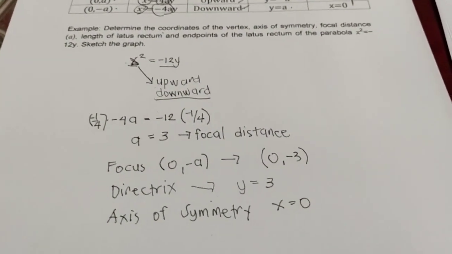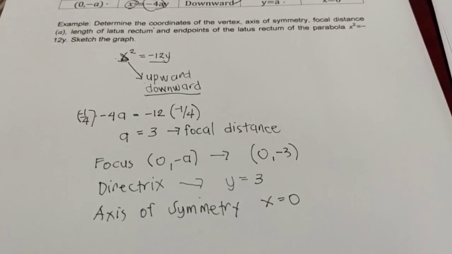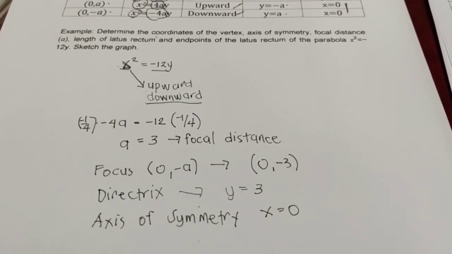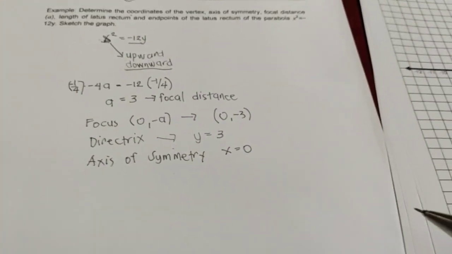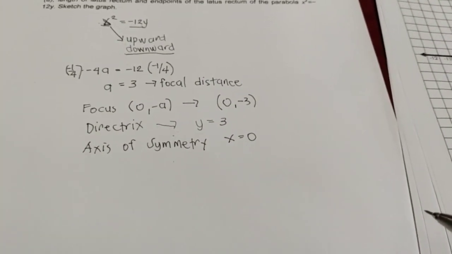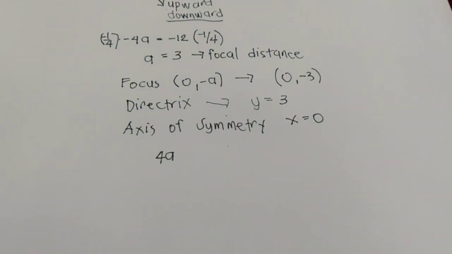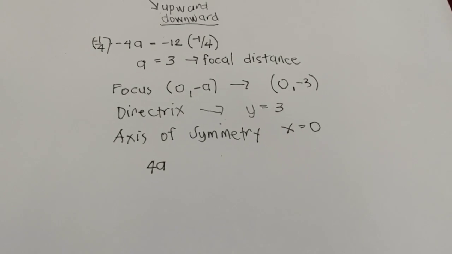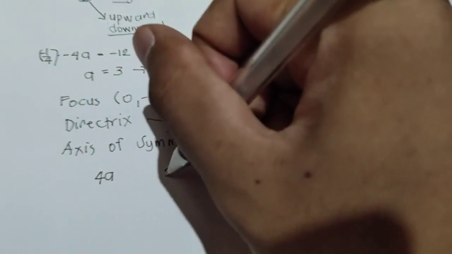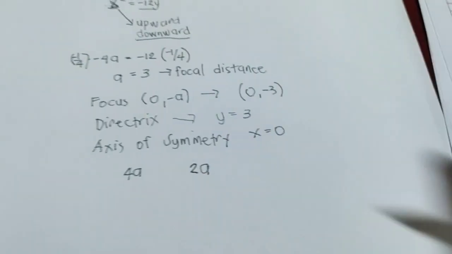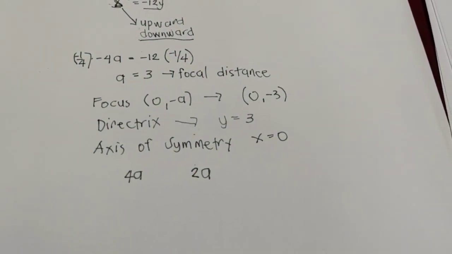So the last one we are going to get is the endpoints of the latus rectum of the parabola. We all know that the length of the latus rectum of the parabola is equal to 4a. And from the focus of the parabola to the endpoint of the latus rectum is 2a.